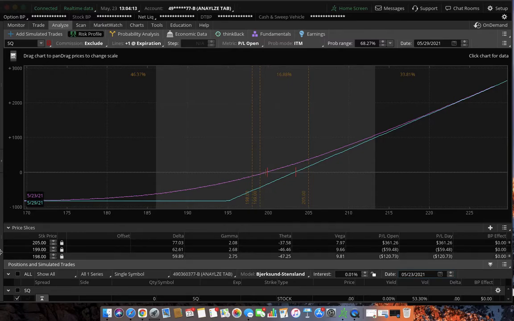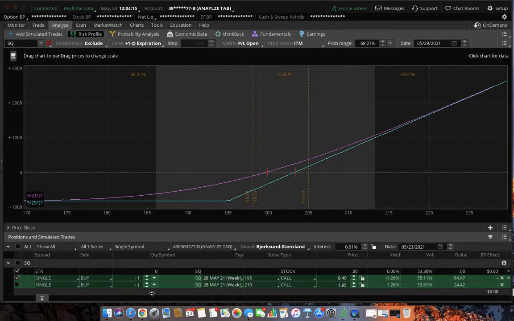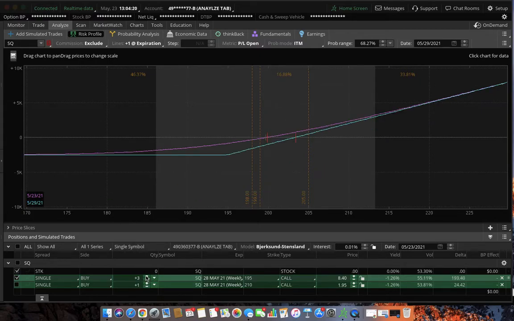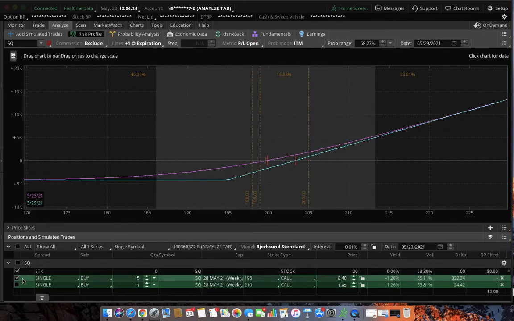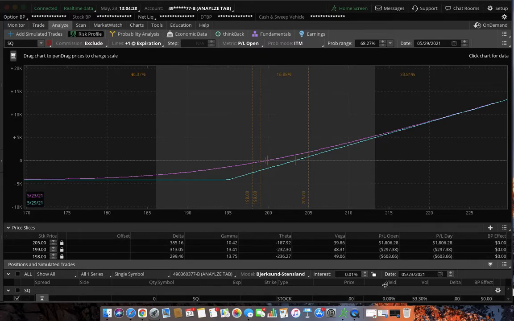And by the way, right now we're just looking at one call. Well, how does that all change if I'm Moneybags over here and I'm buying 5 calls? Well, you just go right over here to the price slices and you can see the difference. Now, if when it goes down to the 199 before I buy it, it's going down $297.